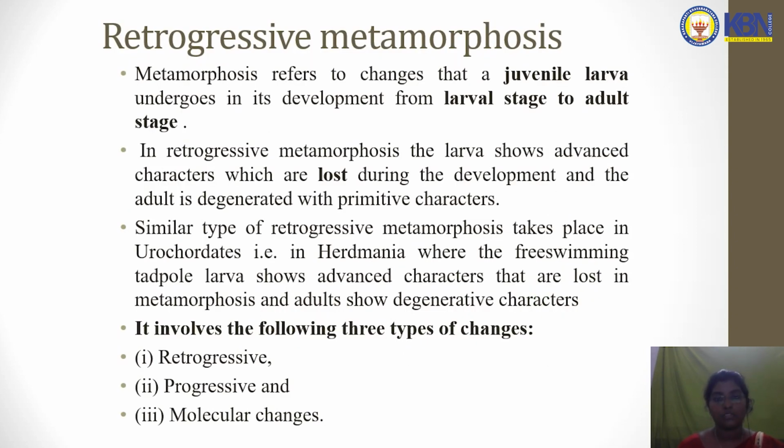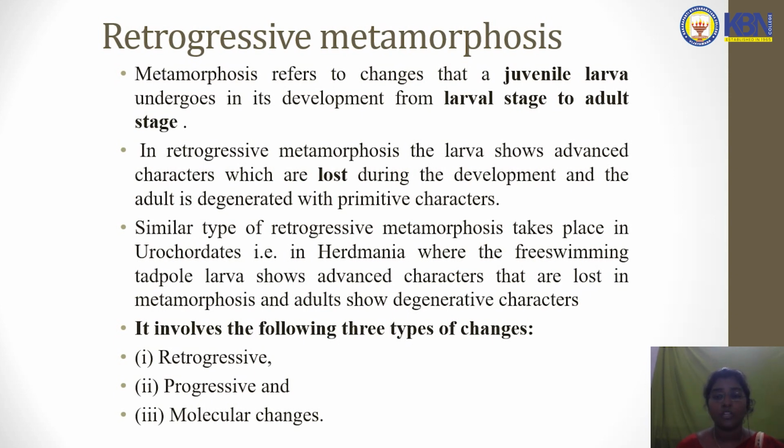Retrogressive metamorphosis. Metamorphosis refers to changes that a juvenile larva undergoes in its development from larval stage to adult stage. In retrogressive metamorphosis, the larva shows advanced characters which are lost during development and the adult is degenerated with primitive characters.